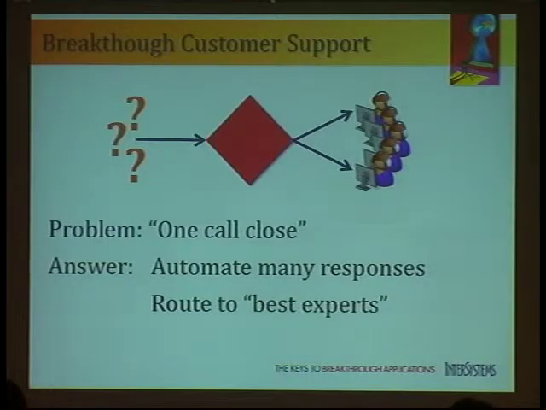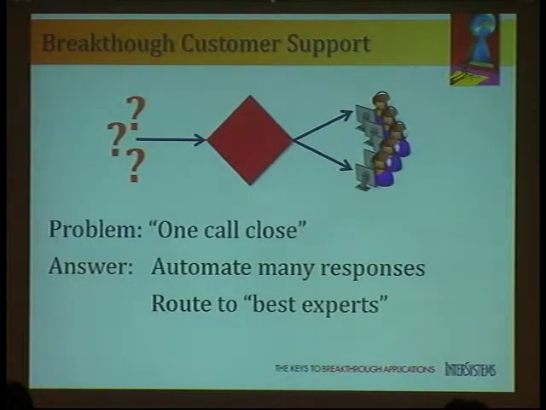The challenge here is twofold. In customer support settings, how do you answer as many questions as possible automatically, i.e. you don't need to involve a customer support agent in defining the answers.